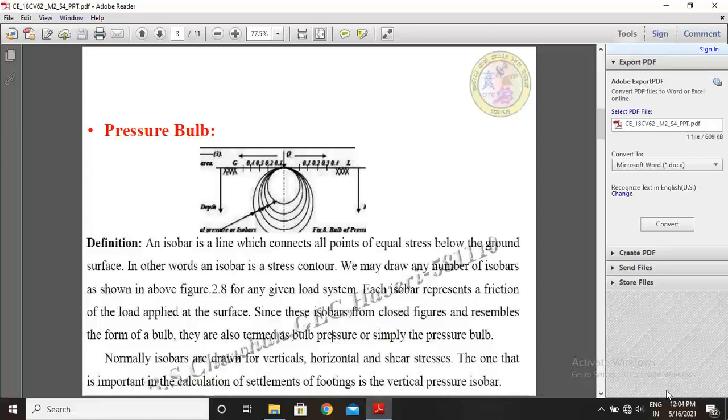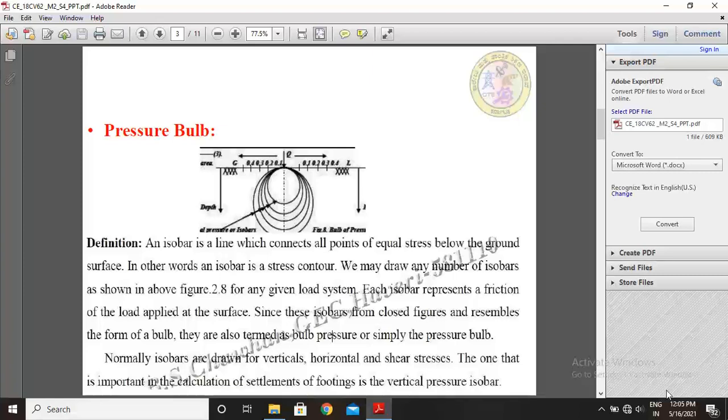Pressure at points inside the bulb is greater than that at a point on the surface of the bulb.